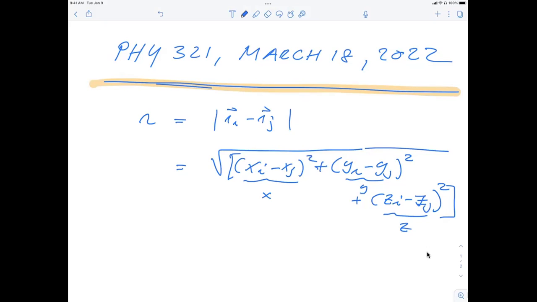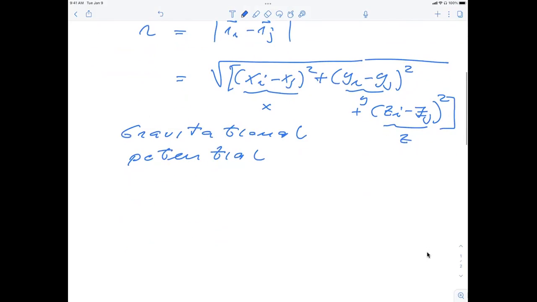And if you go back to the gravitational force which we had, some weeks ago, we actually looked at the gravitational potential. And the gravitational potential is also a function which depends only on the relative distance. In that case, we had some constants, minus G, and then the mass of the Earth, the mass of the Sun, divided by just the relative distance.